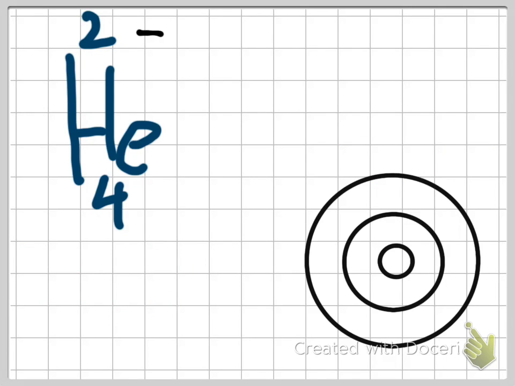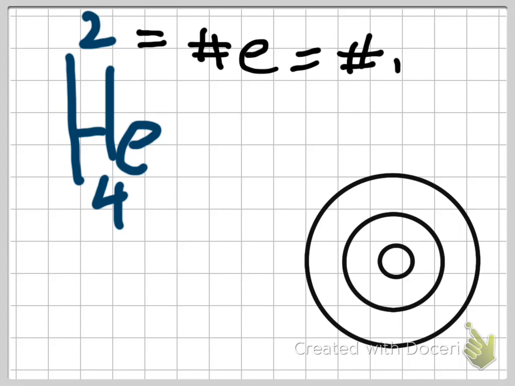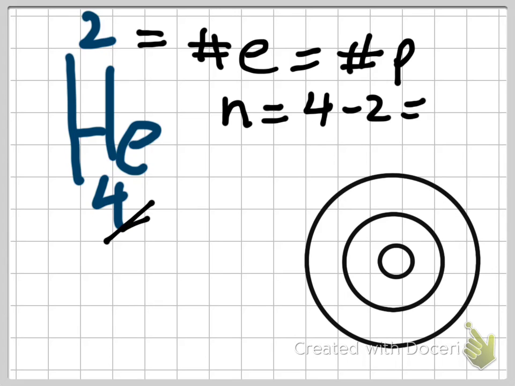Now for this one, we have that equals the number of electrons, which also equals the number of protons. Neutrons would be 4 minus 2. Okay, and that's 4 minus 2, and now we have 2.